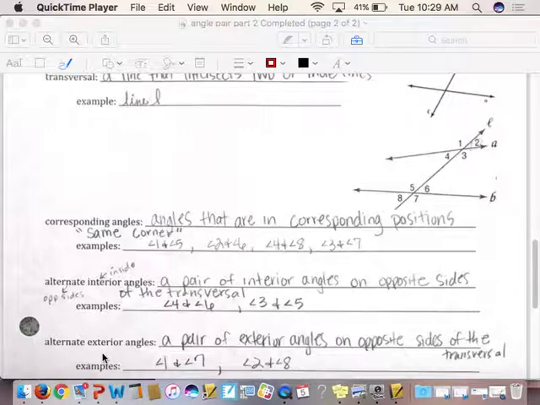So the name of the angle pair can really help you identify if you make associations with them. So alternate exterior. There's only 4 exterior angles in this picture. So to be exterior, you're going to have to be above A and below B. So 1, 2, 8, and 7, those are the 4 exterior angles in this diagram.